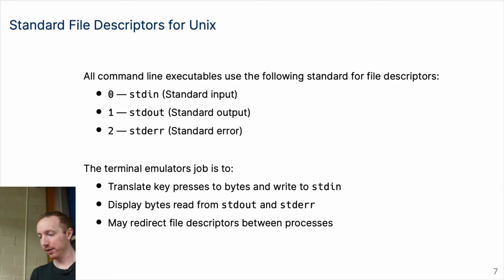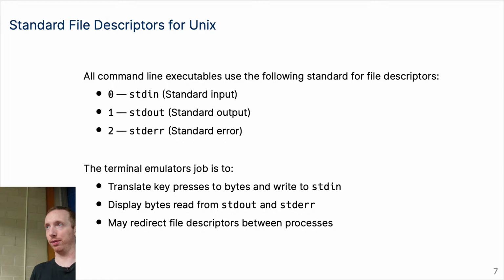Okay, and then also to explain why our hello world example works is because there are standard file descriptors for Linux. Has anyone seen these numbers before? Okay, so no one's seen the numbers, but people know standard in, standard out. On Unix, standard in, standard out, standard error are hard-coded numbers, and they're file descriptors.